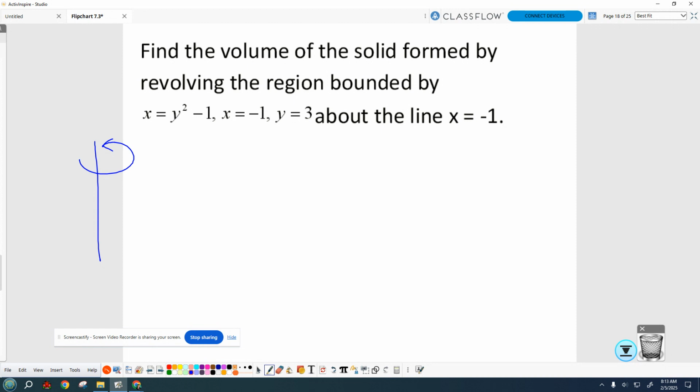Uh-oh. What kind of slices are we gonna need? dy. So I need all the equations to have y's in them.